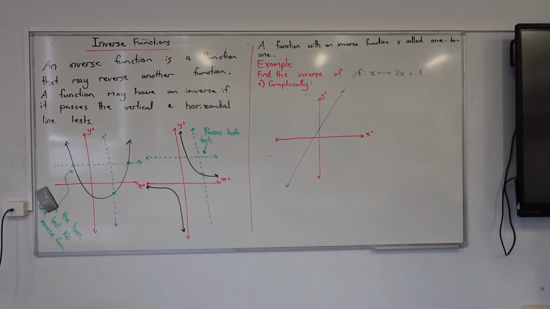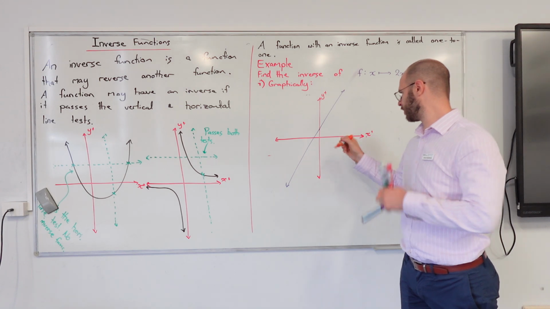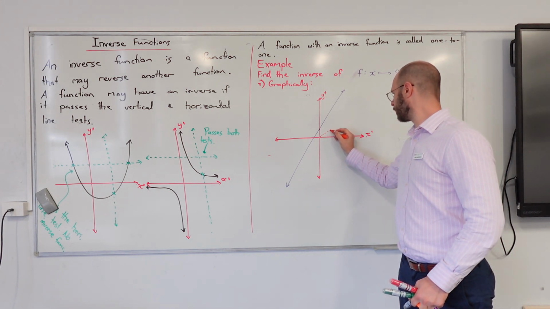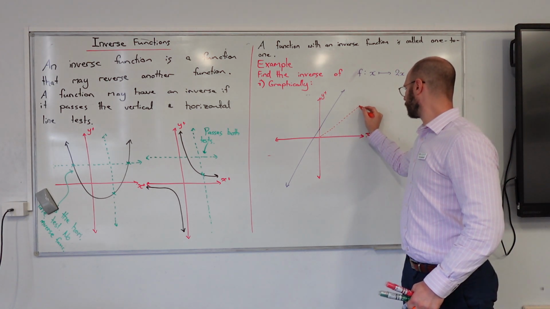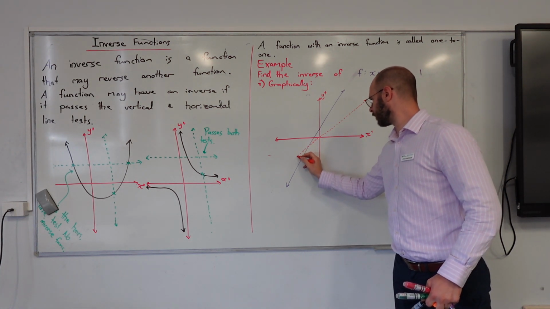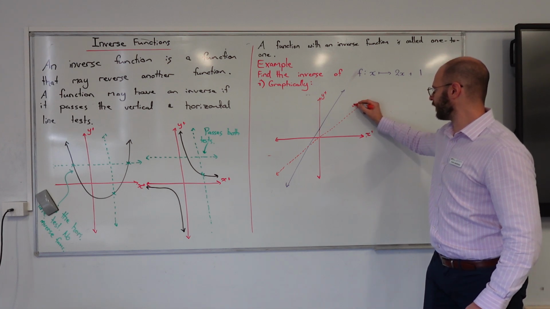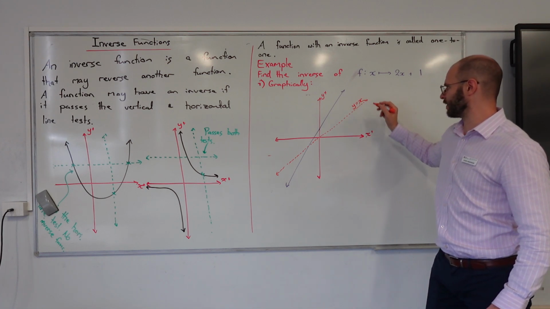Now, to do this graphically, what we find is that if there's an inverse function to this and it's one-to-one, then by definition, this line over here is y equals x.